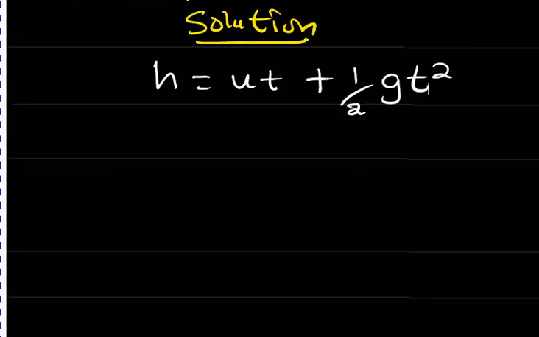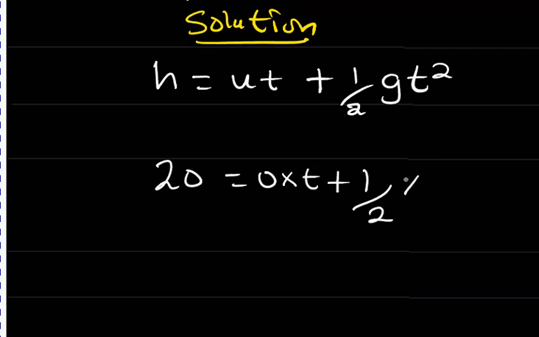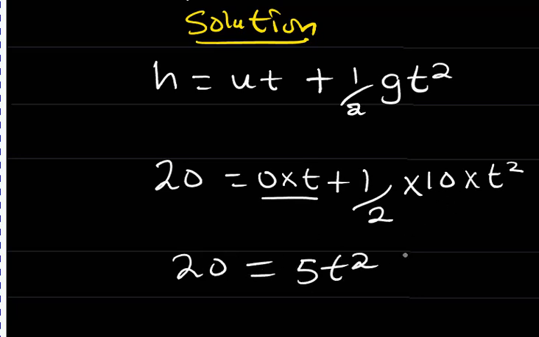Can we proceed? Yes, we can. The height is 20 meters. u is 0 times the time, plus half times g, which is 10, times the time squared. So this is 20, 0 times t is 0, half of 10 is 5, then t squared.